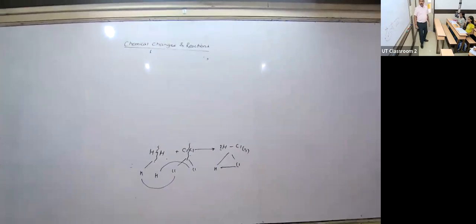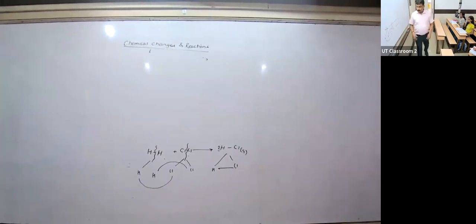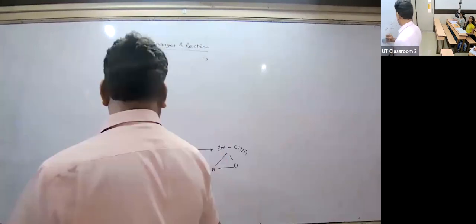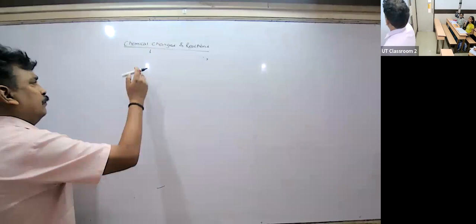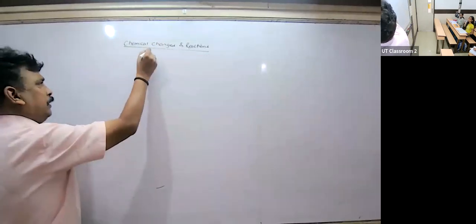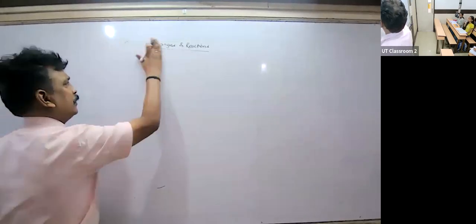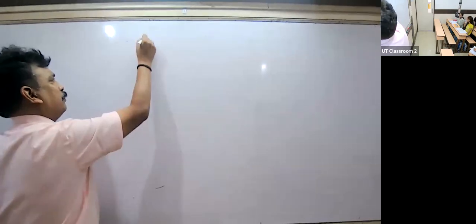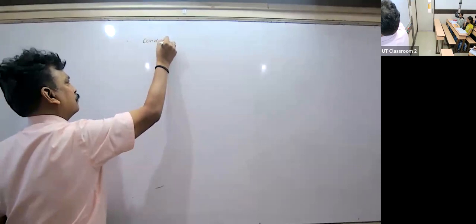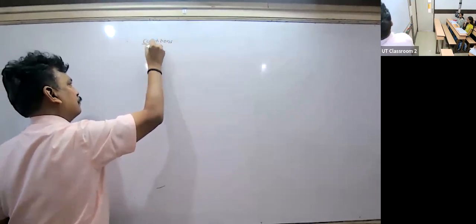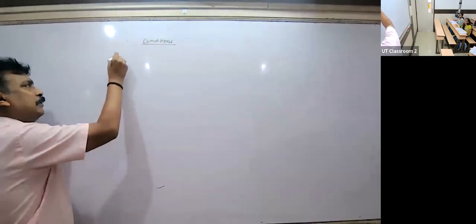Right? Will we start? So the first condition for a chemical reaction to take place, what is that? For example, the conditions for any chemical reaction, let me write a little bit about conditions for chemical reactions. The first condition for a chemical reaction is what?